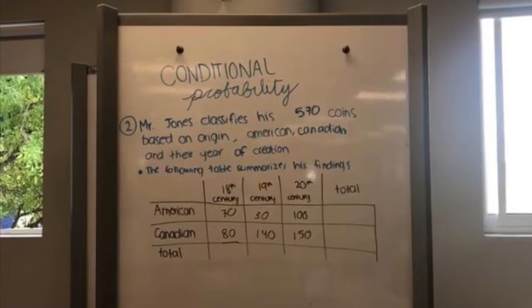In the second problem, it says that Mr. Jones classifies his 570 coins based on their origin and the year of their creation. They provide us a table that summarizes some of his findings, but it is enough to complete all of the information.